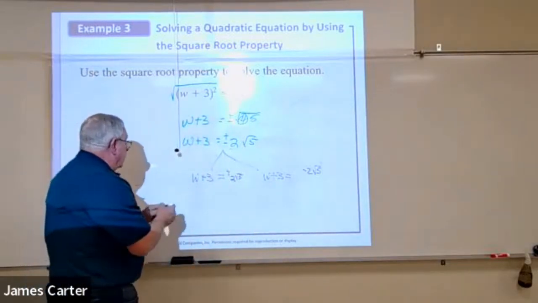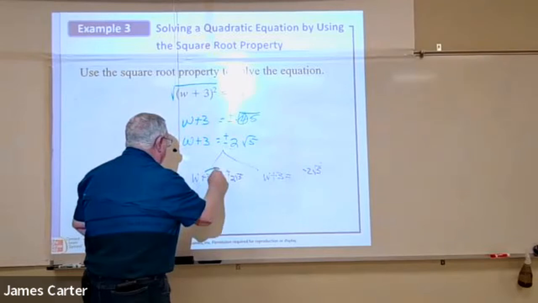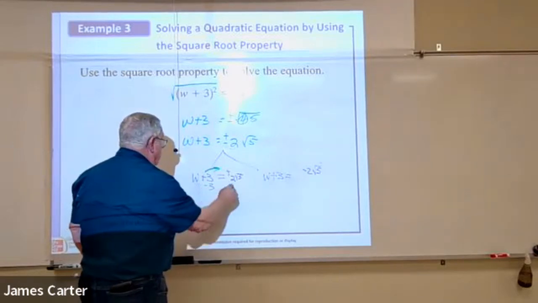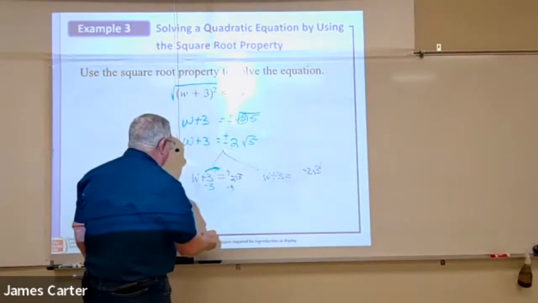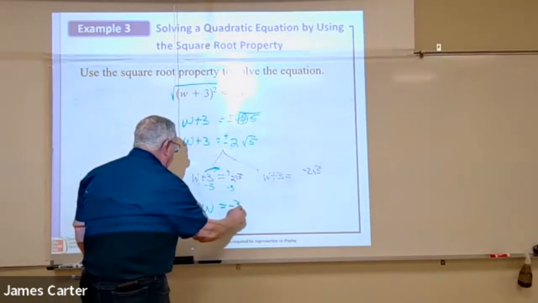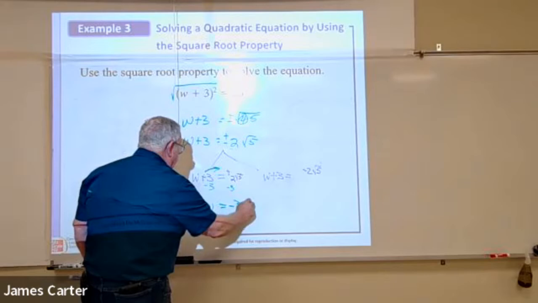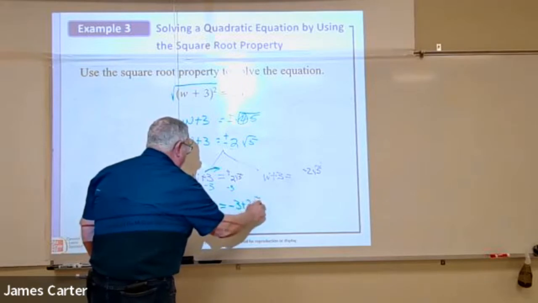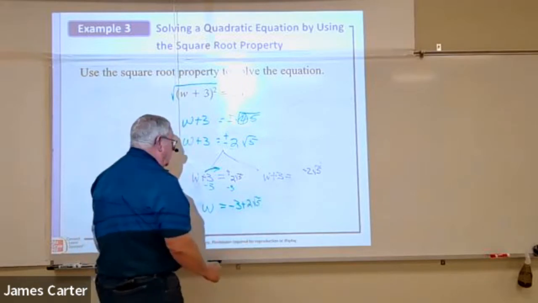Now then, I can take the 3 over, minus 3, and I get W equals negative 3 plus 2 radical 5 for this answer.